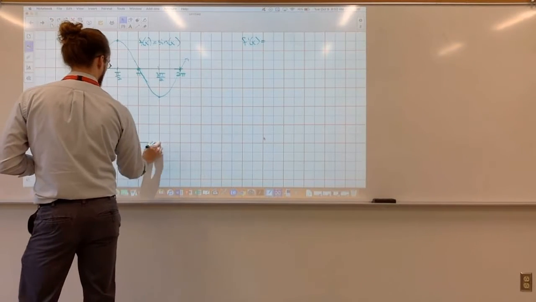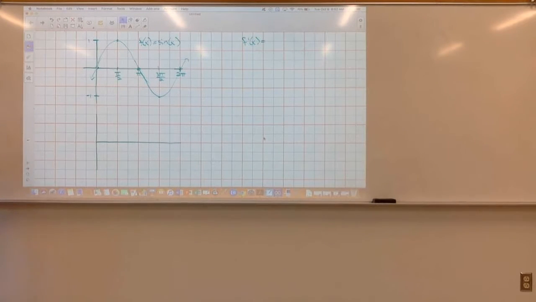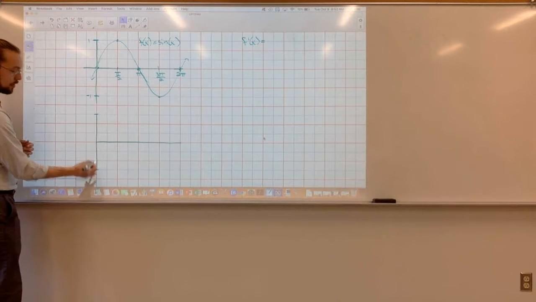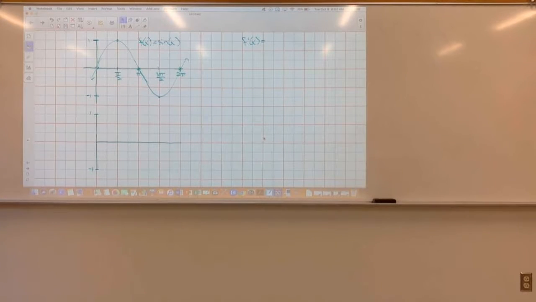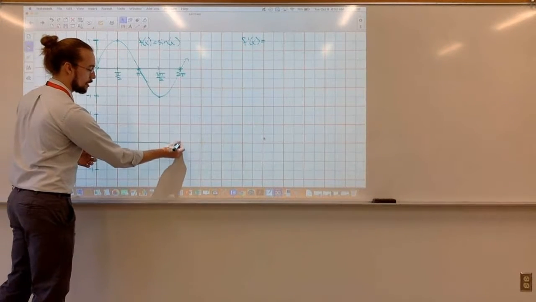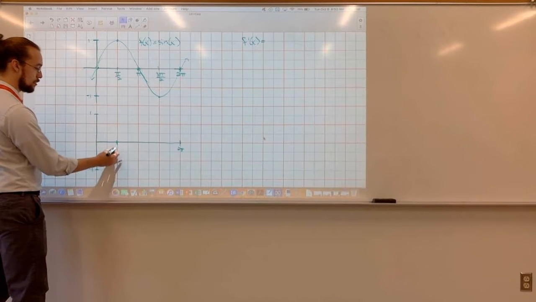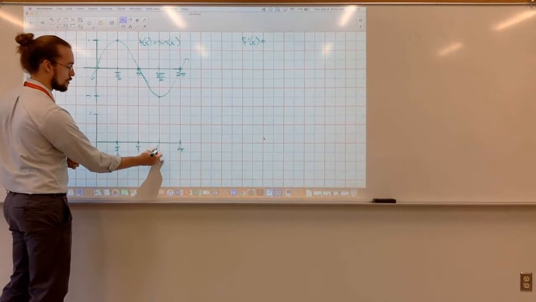What we want to do, and this is just what we talked about a couple of weeks ago, is approximate and sketch out what the derivative might look like. To do that, we're picking out some key values, the same ones we used: pi over 2, pi, 3 pi over 2.